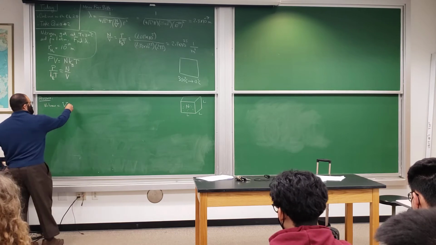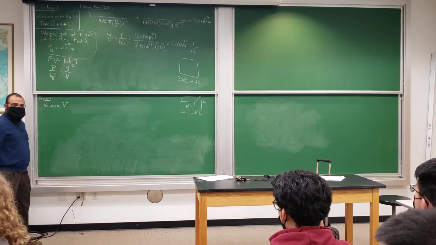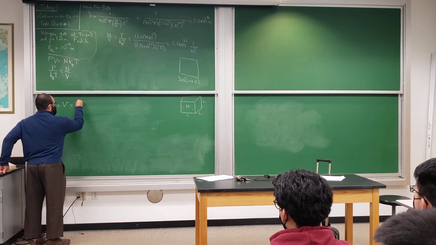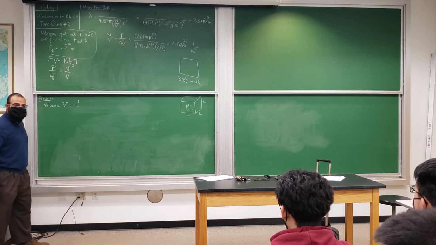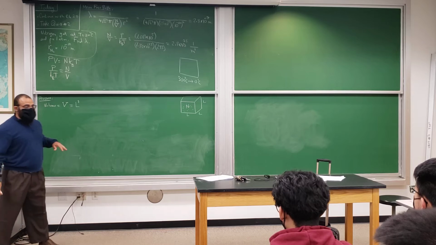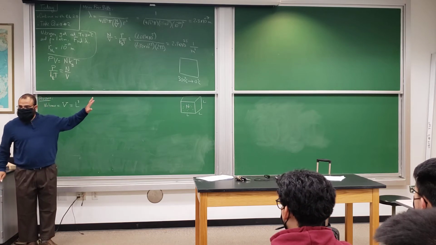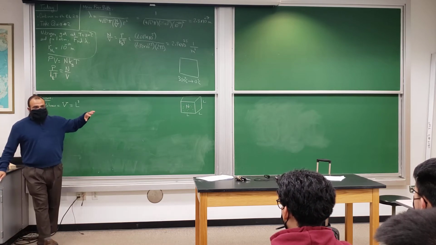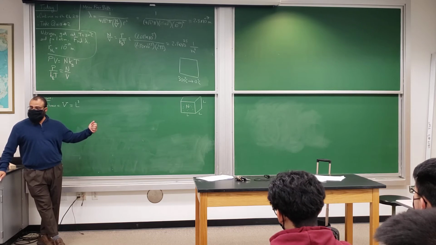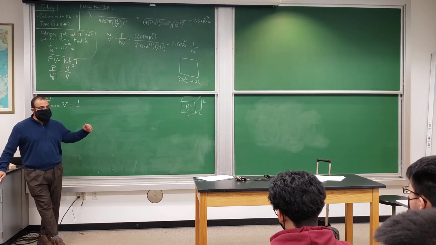So what's the volume of the box? L cubed. It's L by L by L. Good. All right. We want to understand pressure. Remember we said there is a velocity distribution. Some gas molecules will be moving fast, some will be moving slow, but they would have some average velocity, and we will talk about that average in a little bit.